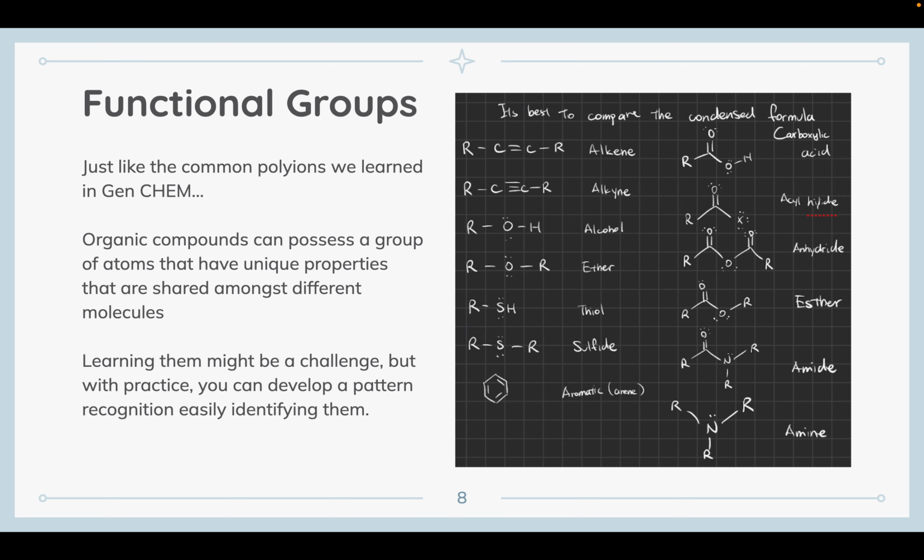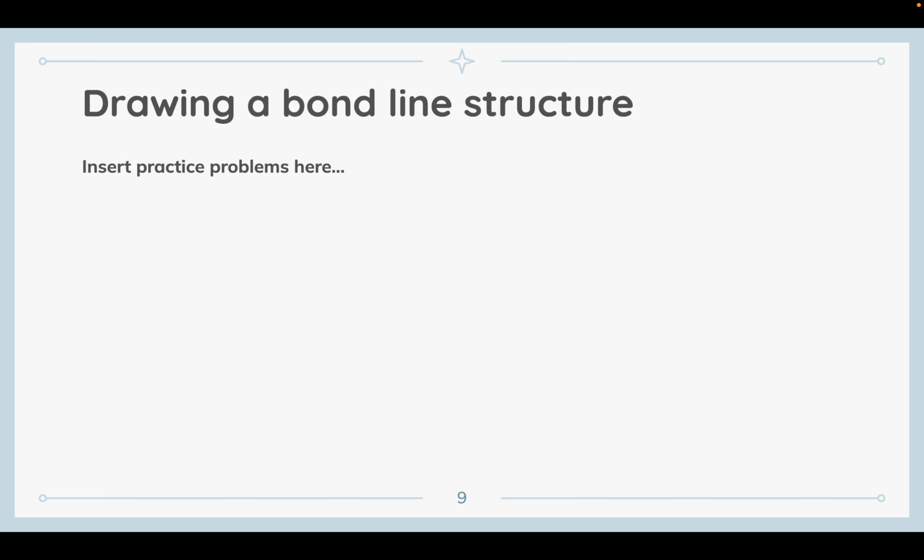But things like ether, sulfide, ester, and the other carboxylic acid derivatives might be a little bit challenging to find. But like I said, we'll do some practice problems later, and I can also share a website with some large organic structures to help you practice those skills. All right, that's about it for now.